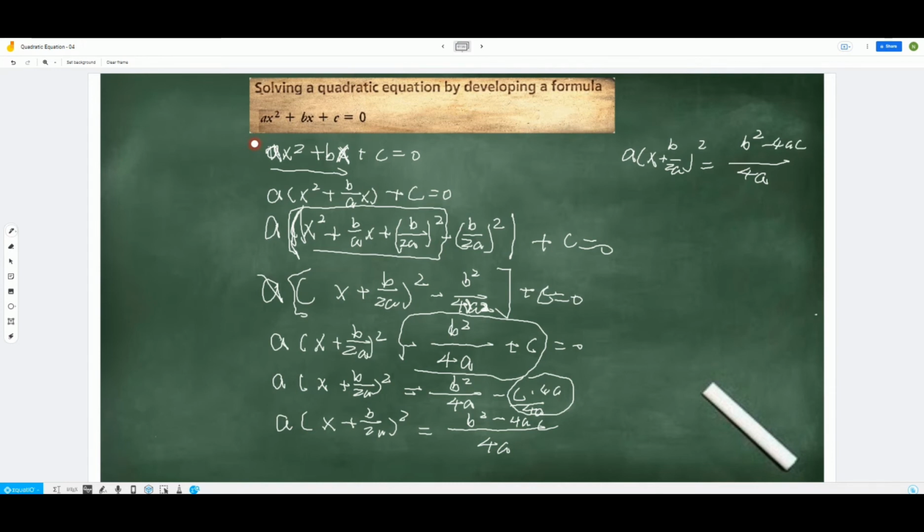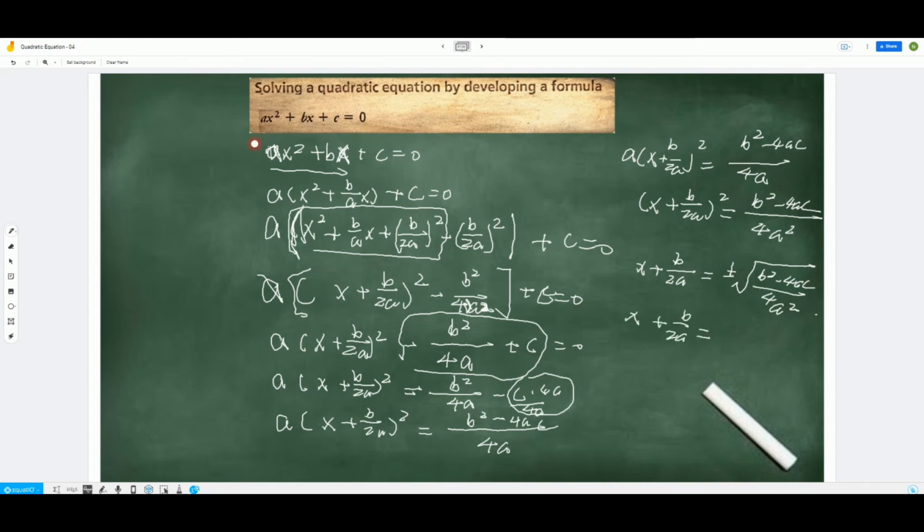Both sides divided by a: (x plus b over 2a) squared equals (b squared minus 4ac) over 4a squared. Both sides take the square root, so x plus b over 2a equals plus or minus the square root of b squared minus 4ac, over the square root of 4a squared, which is 2a after taking the square root.